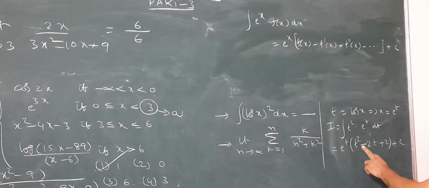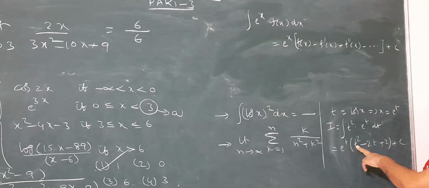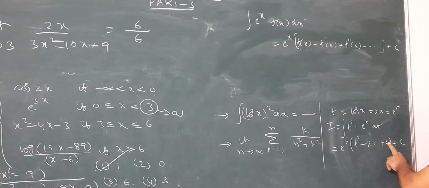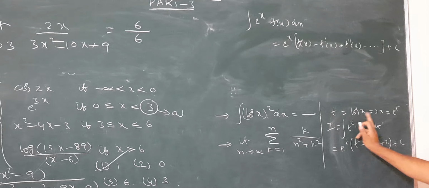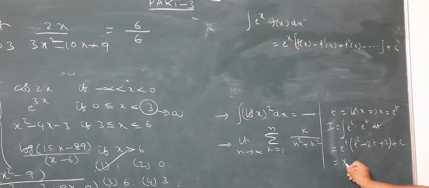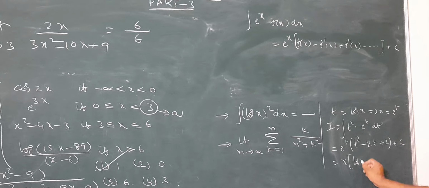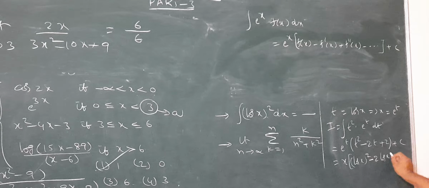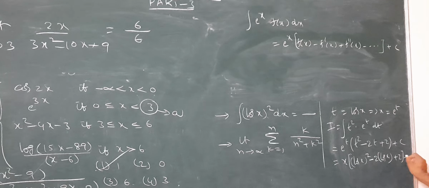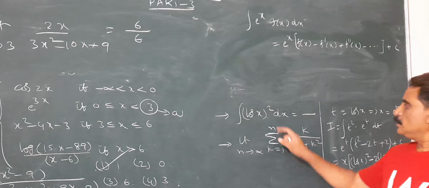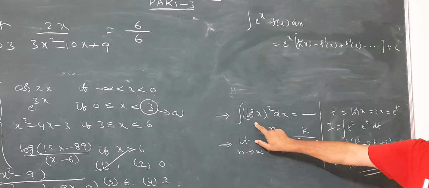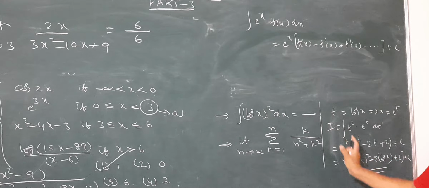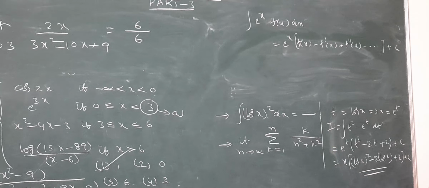It is second degree: the first derivative is 2t, the second derivative is 2, and from the third derivative onwards it is 0. So the answer is x into (log x whole square minus 2 log x plus 2) plus c. Here you can easily identify the option.